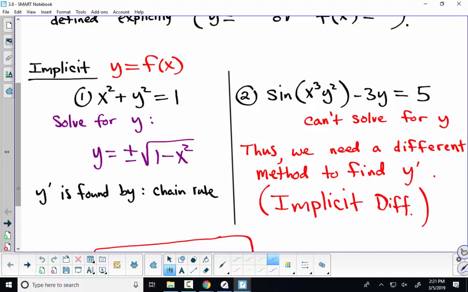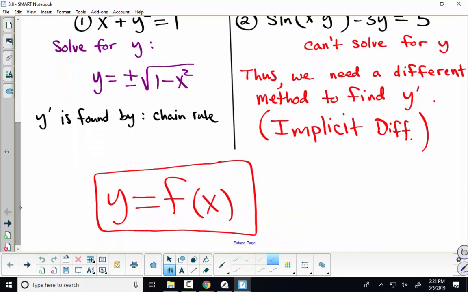So you would just have the square root of 1 minus x squared, where the 1/2 chain rule would be used. So we could find that. However, for a function like example 2, there's no way you could solve for y. So there are some functions written implicitly that we cannot explicitly solve for. Okay, so functions like that, we need a different method to find the derivative, which is implicit differentiation.